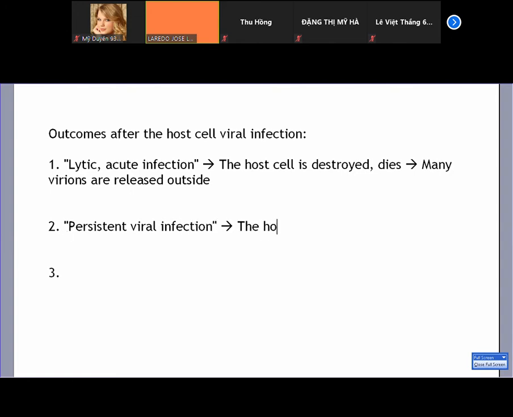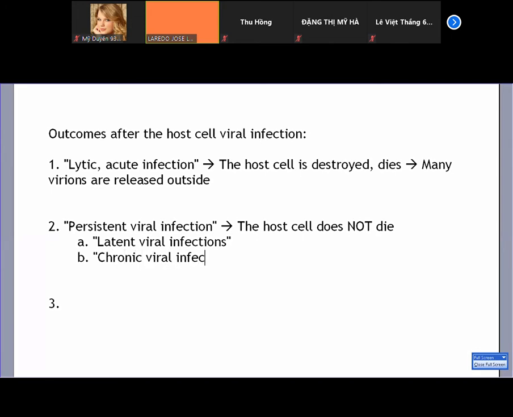The host cell does not die. That is the name persistent. And we have two types of persistent infections. We have latent infections. And we have chronic viral infections.